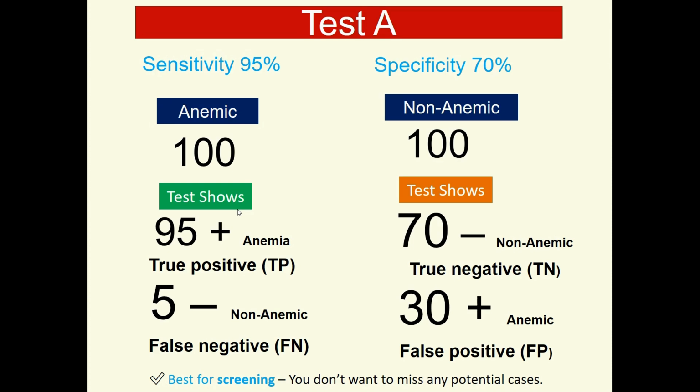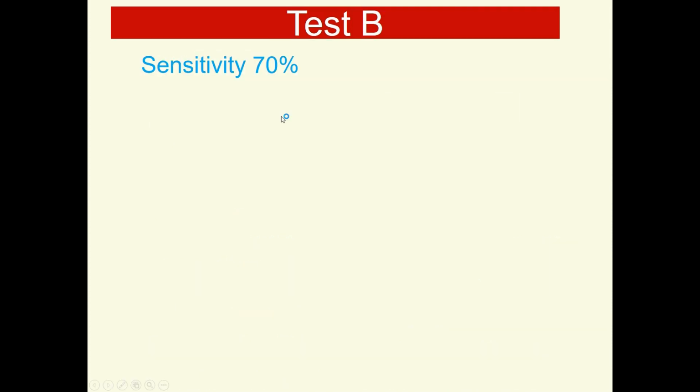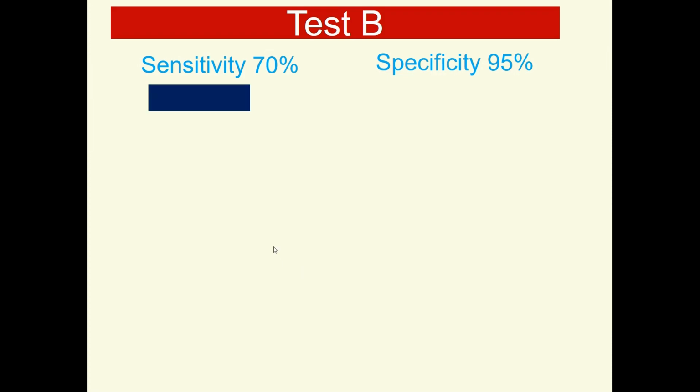However, the next test, test B, as per the question, has sensitivity 70% and specificity 95%. Here again we have the anemic group and the non-anemic individuals.